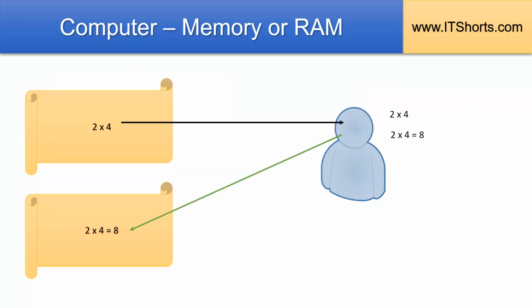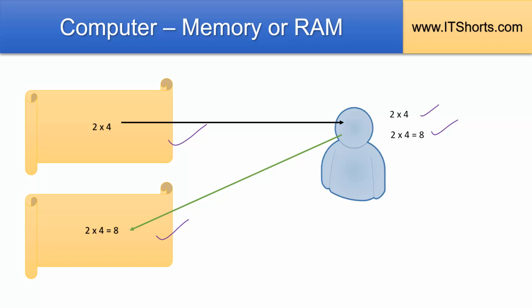First, as we look at the piece of paper, we transfer these numbers into our memory. Then our brain, having learnt simple multiplication theory already, does the process of multiplication and arrives at the answer 8. Then we write the answer 8 on that piece of paper.